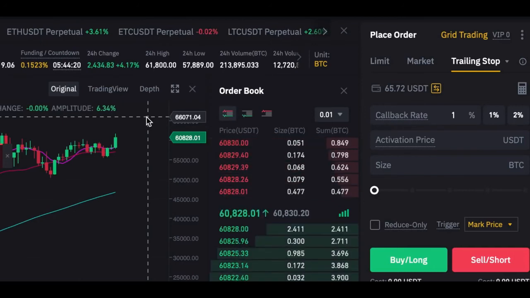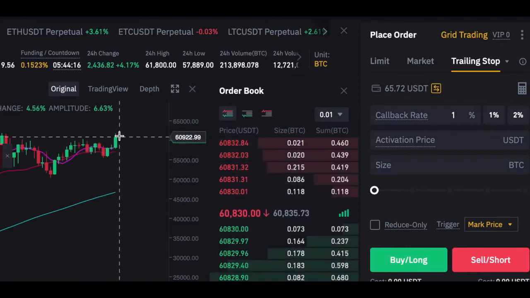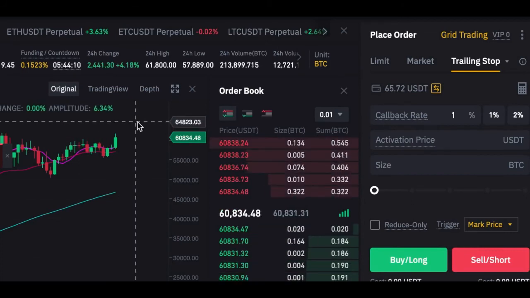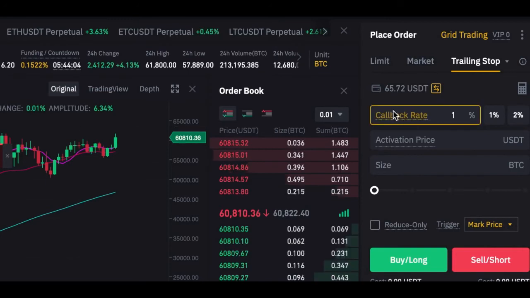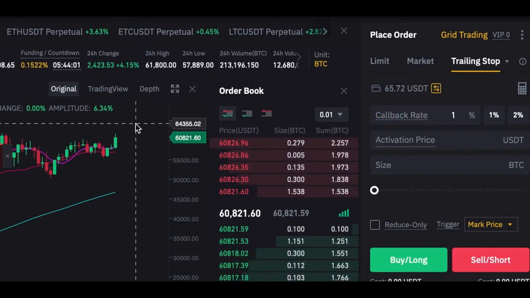This is essentially a way for traders to lock in profits. So as long as the price is moving up, that trailing stop will be moving up and up and up with the price. And as soon as the price starts moving down, that stop won't move and you'll be sold out. So it's basically a way to lock in some profits and say, hey, if the price does move down 1%, then that trailing stop will be triggered.